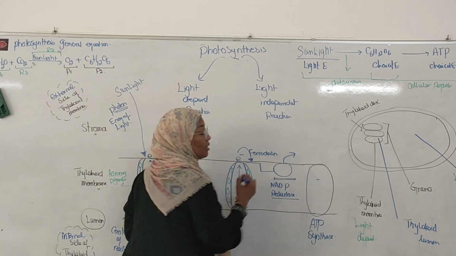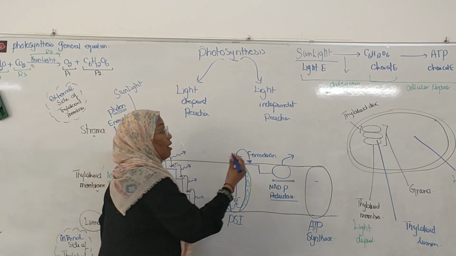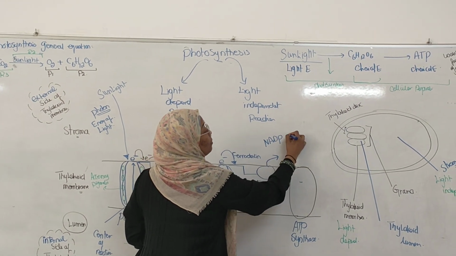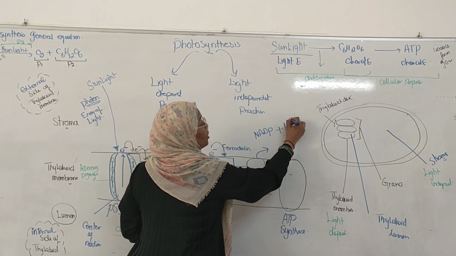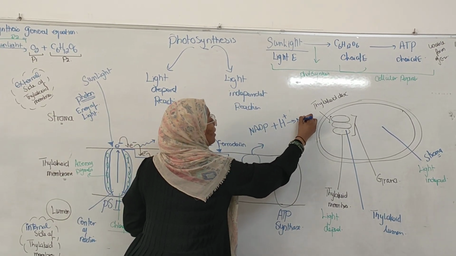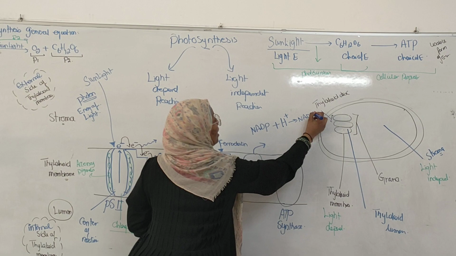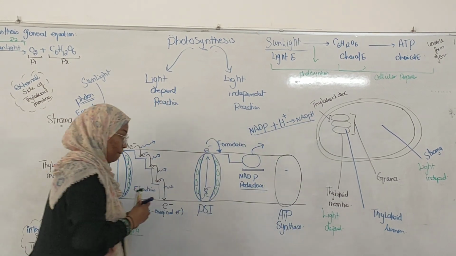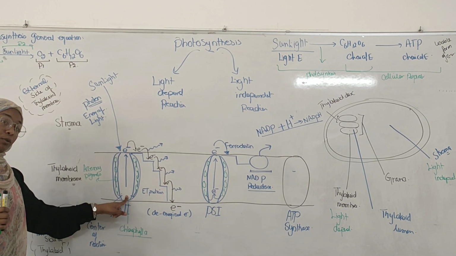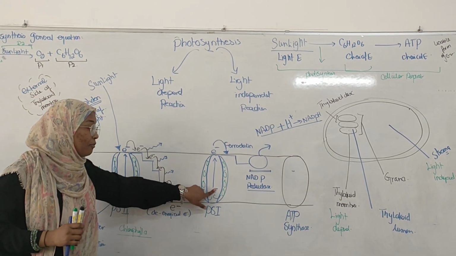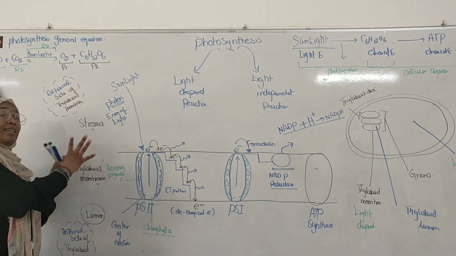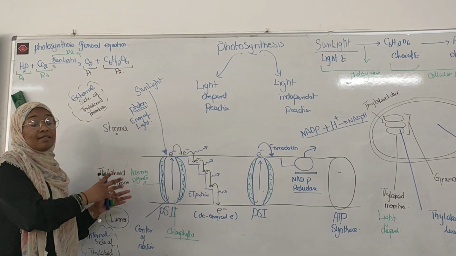This NADP reductase catalyzes the formation of NADPH from NADP plus H, or energized electrons. So this molecule of chlorophyll is unstable.